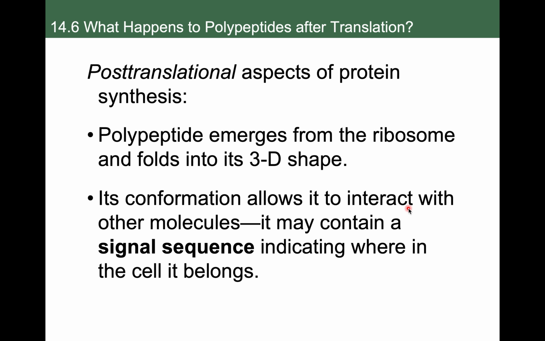Okay, so hopefully you feel okay with that basic idea of how translation proceeds. And now I just want to talk for a few minutes about some things that may have to happen after translation in order to have a biologically active protein. And so one important part of this is actually getting the protein where it needs to go.